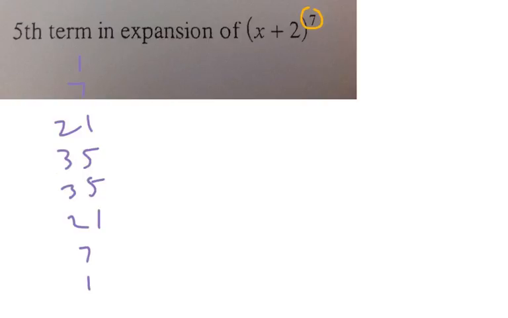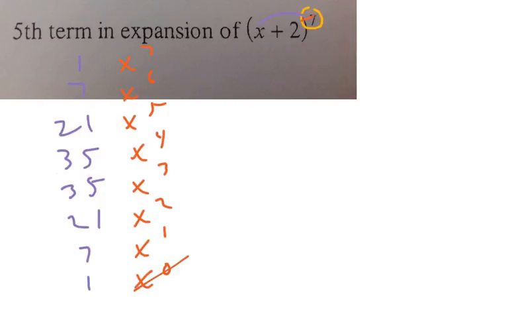And now we're going to do x to the 7. So that would be x^7, x^6, x^5, x^4, x^3, x^2, x^1, x^0, which is 1.